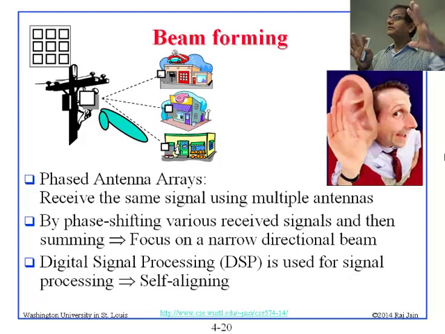Basically, you send them signals with such a phase that most of the power is in one direction, like here. So most of the power is going here. Okay? There might be a side lobe like that, but most of the power is going here. So this is basically directional. So that way the signal will go to that house, that receiver.